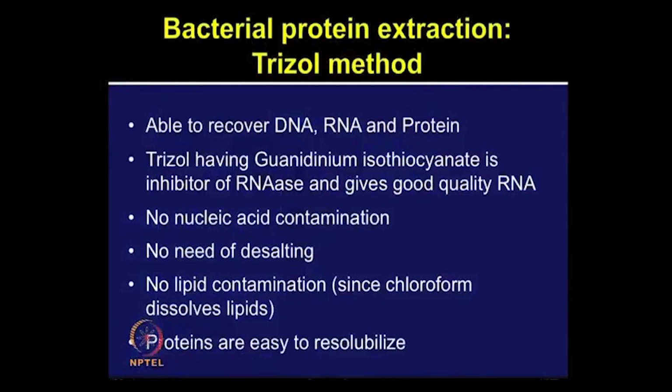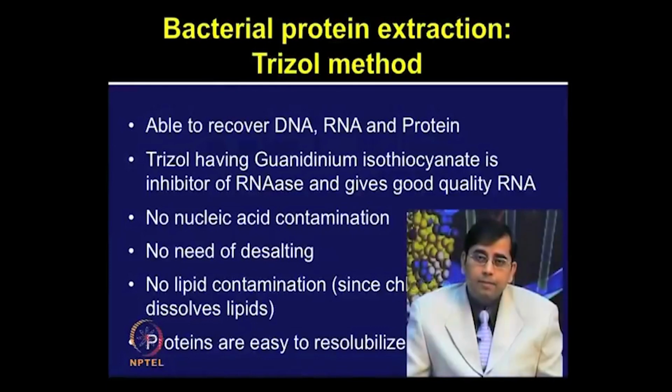Trizol, having guanidinium isothiocyanate, is an inhibitor of RNases, and it provides very good quality RNA. This method also eliminates any possibility of nucleic acid contamination, because you are already removing DNA and RNA. Salts are also removed by using this method.